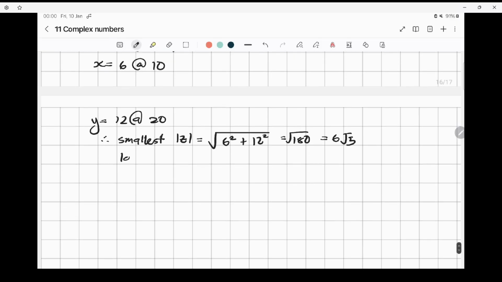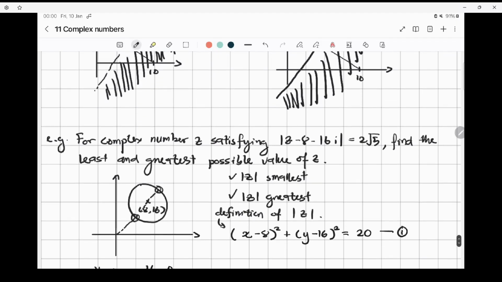So the largest modulus z will be the square root of 10 squared plus 20 squared. So it's square root of 500. So this will be 10 square root 5. So that's how you solve this particular question.